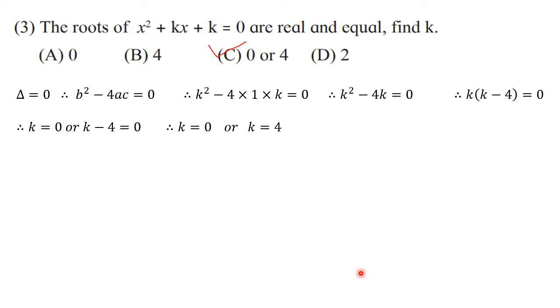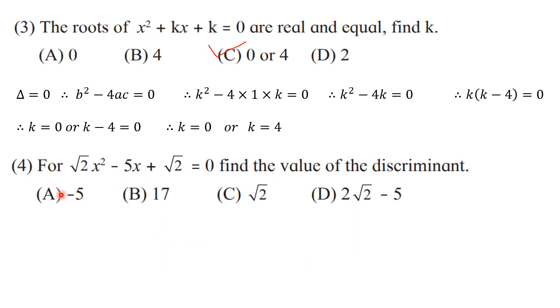Let's go further towards the next question. Question number 4. For root 2 x square minus 5x plus root 2 is equal to 0, find the value of the discriminant. Again you need to find the discriminant, that means delta. So delta is what? b square minus 4ac. So here b is minus 5.